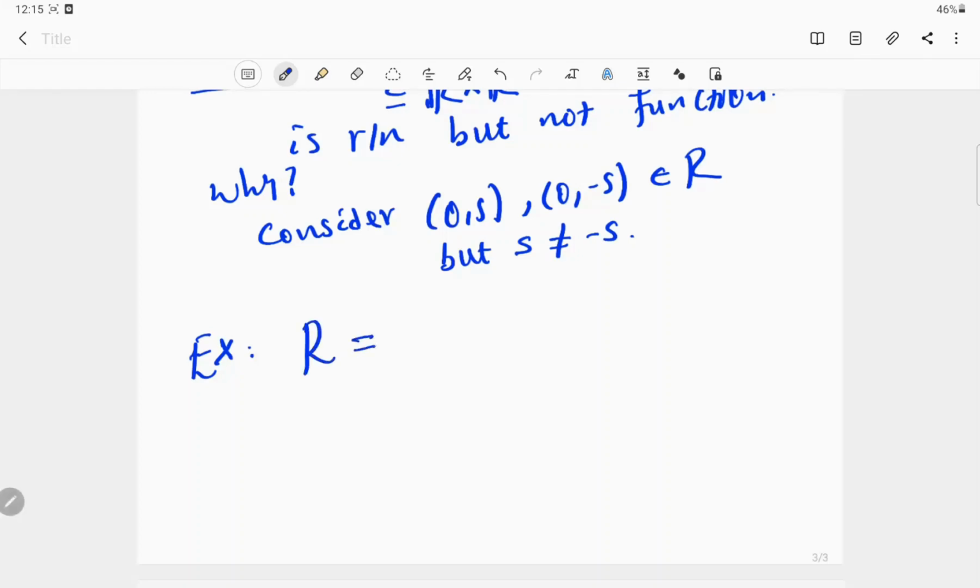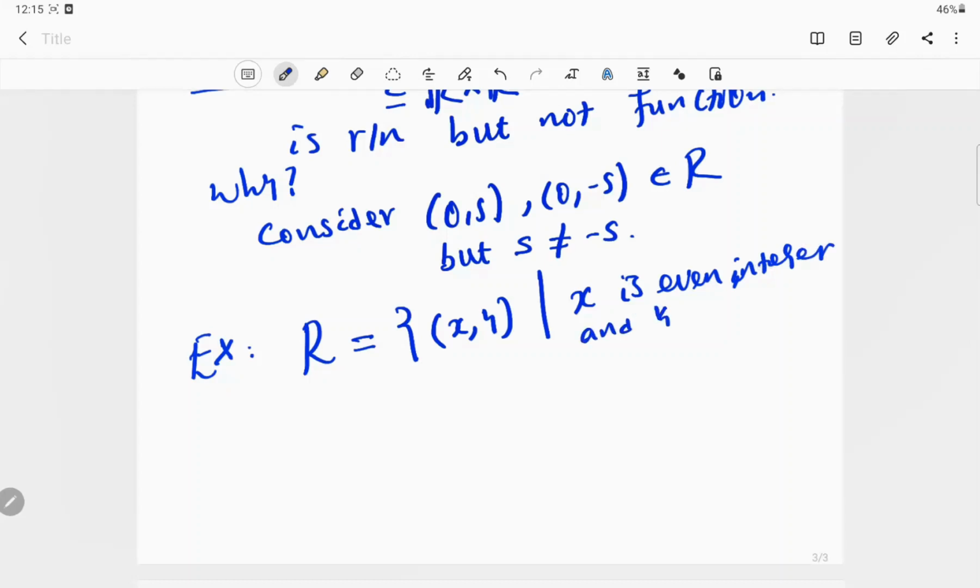Let R be equal to the set of all (x, y) such that x is an even integer and y is twice higher than x.